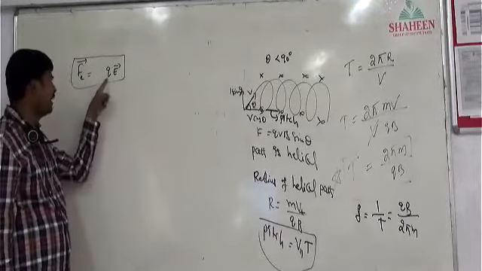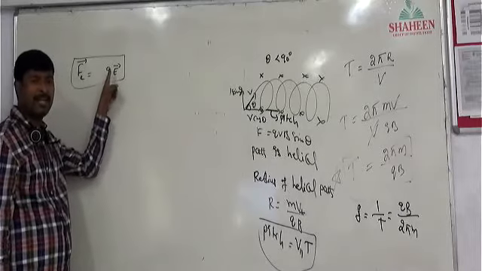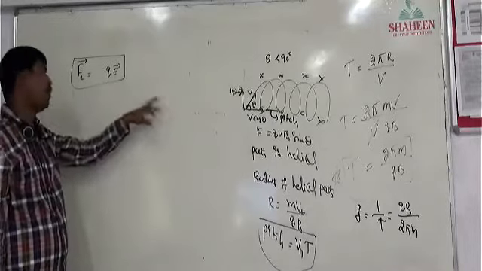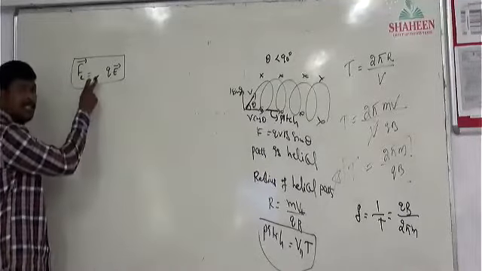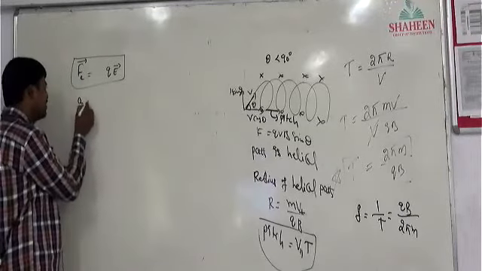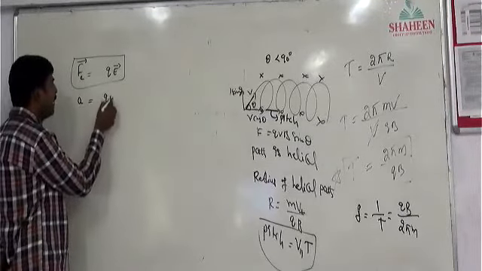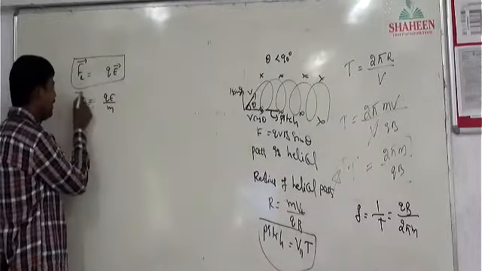Always it will experience the force qE only, along E for positive, opposite to E for negative. So if a force is always there, there should be an acceleration. Yes, the acceleration will be qE by m, because F is equal to ma.